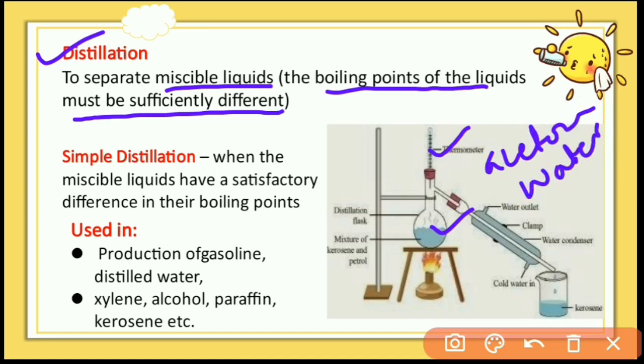Both are miscible. Heat the mixture slowly and keep a close watch on the thermometer. The acetone vaporizes, condenses in the condenser, and can be collected from the condenser outlet. Because acetone has a low boiling point, it vaporizes first and we can collect it from the condenser outlet after cooling.